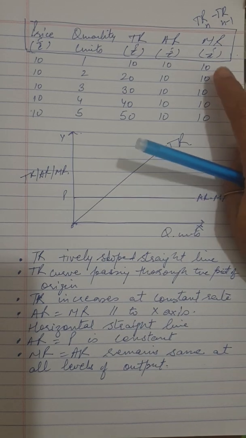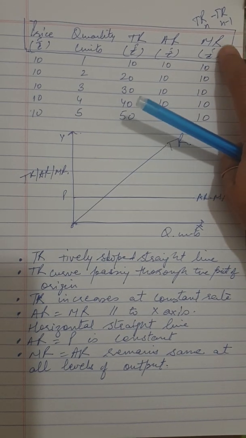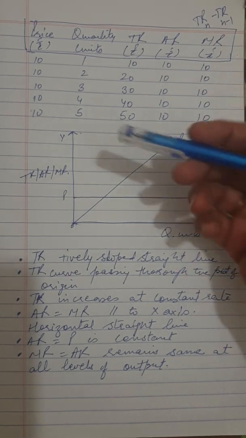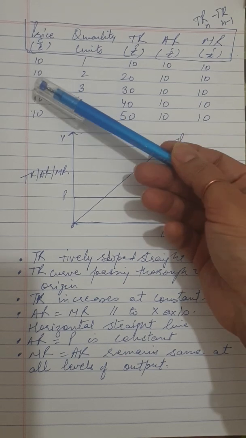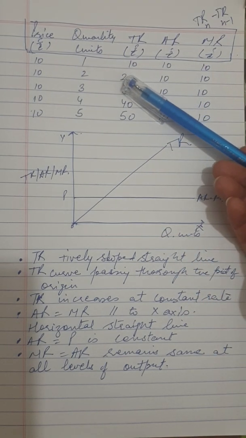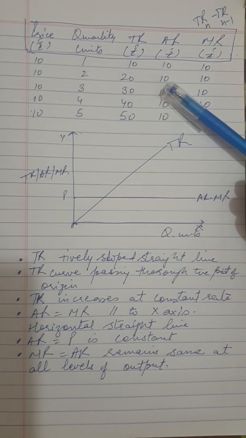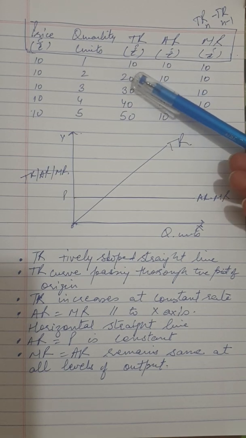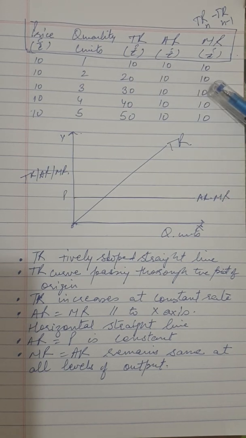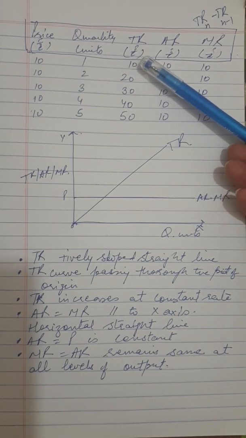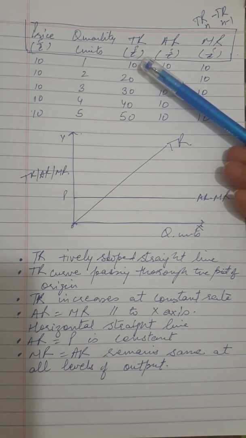At this point, this is n unit and the previous unit is 0, n minus 1 is 0, so MR is 10. Second, 2 units are sold, TR becomes 20, AR becomes again 10, 20 divided by 2 is equal to 10. Next, MR, 20 minus 10 is equal to 10. Because this is n, this is n minus 1, right?